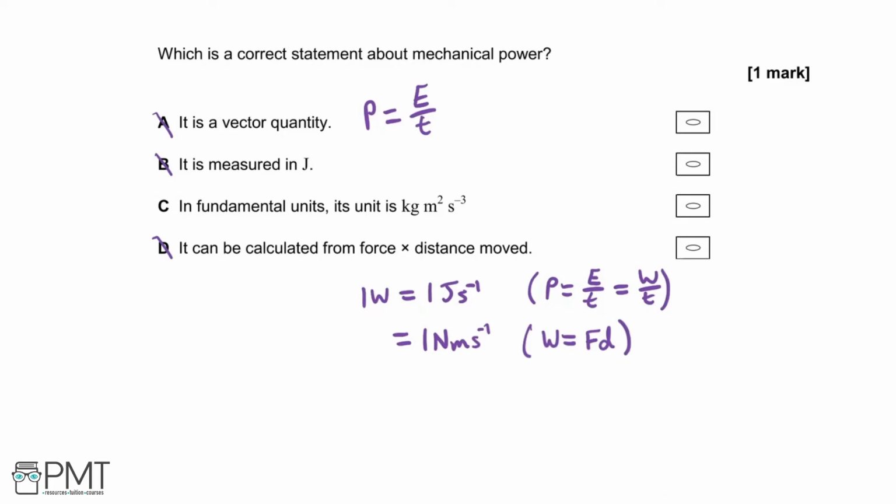So we multiply kilograms by meters per second squared to get newtons. So a watt is the same as a kilogram meter per second squared per second, which is 1 kilogram meter squared per second cubed. So actually C is correct.